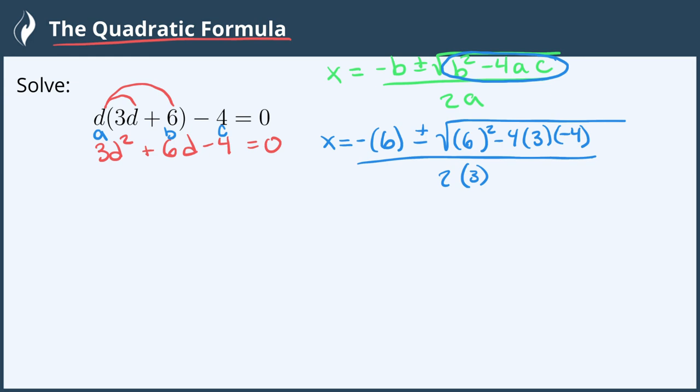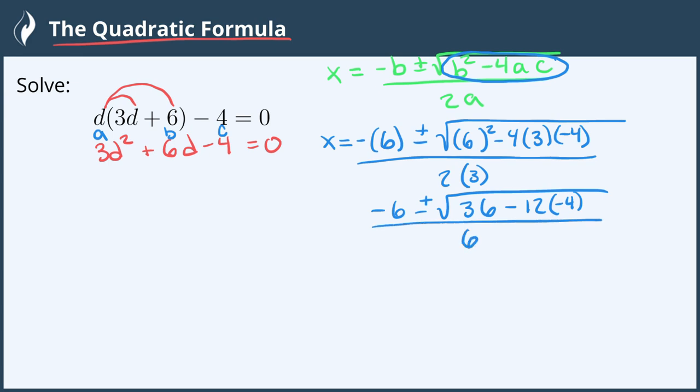All right, now let's go ahead and we can calculate this all out. A negative times 6 is negative 6, plus or minus the square root of 6 squared is 36. 4 times 3 is 12, so we'll have minus 12, and we still have times the negative 4. We'll go ahead and do that next. Over 2 times 3, which is 6.